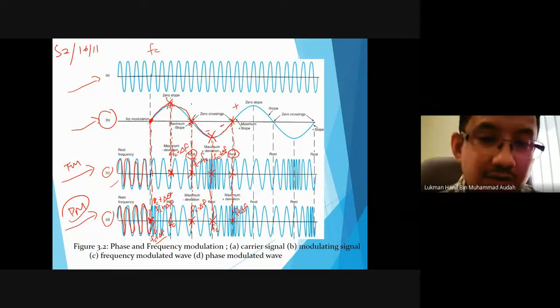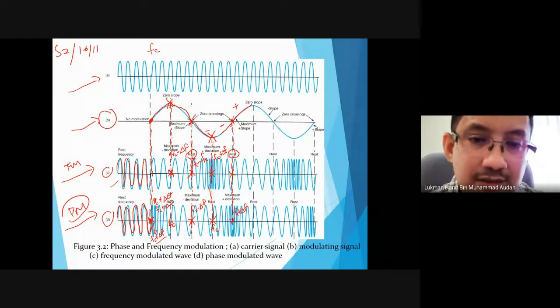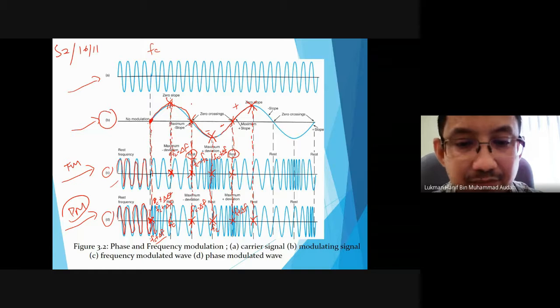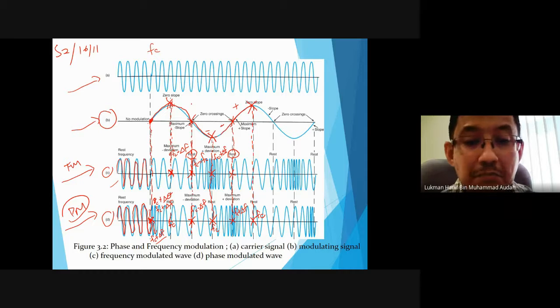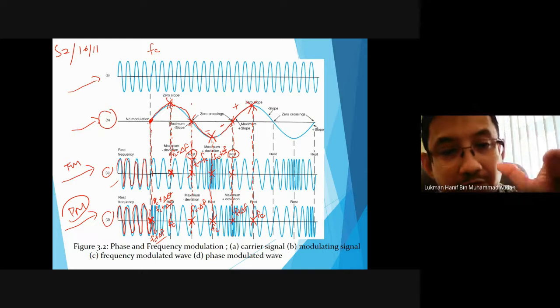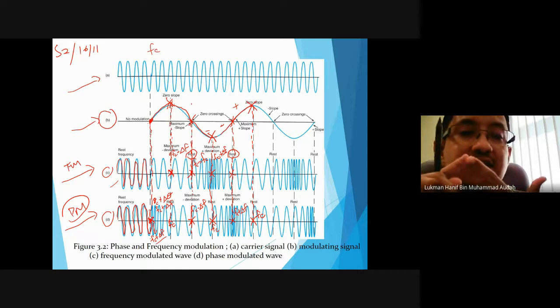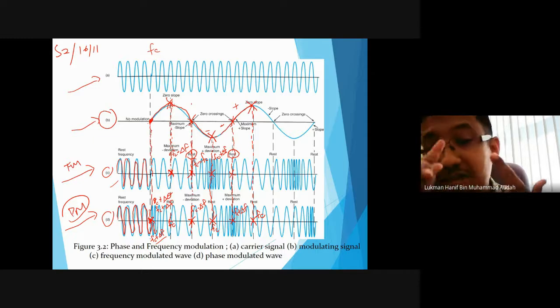And so on, when VMT moves again until maximum positive, at this point the carrier frequency at the output becomes rest. So I can conclude that for phase modulation, the critical changes happen at zero crossing of VMT.